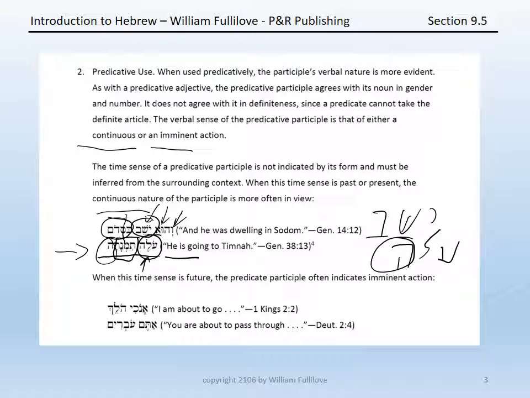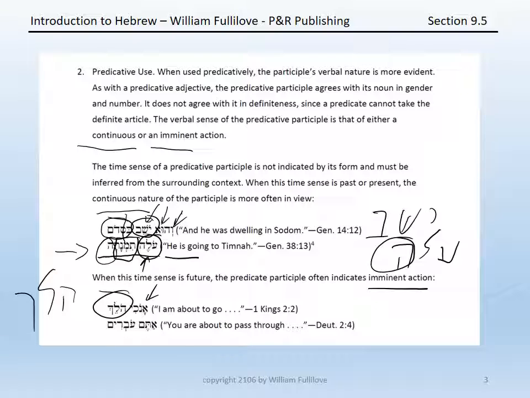On the other hand, when the surrounding context gives a future time sense, a predicate participle will often indicate an imminent action, an action about to occur. 1 Kings 2:2, anoki holek. Anoki, which we know from section 1 of this chapter, the independent personal pronoun I, holek, qal active participle masculine singular of our good friend halak, go.